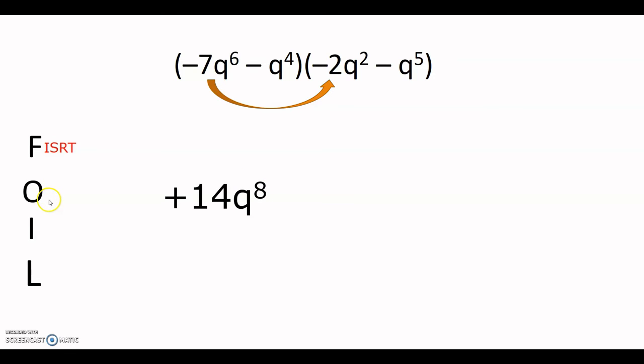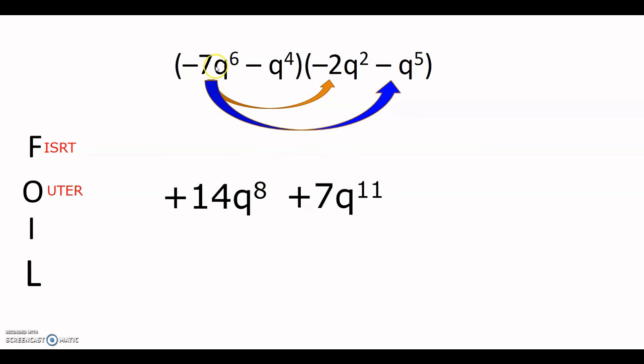Next, O means outer. So these are the outer terms in the polynomial. So we have negative 7q raised to the power of 6 multiplied by negative q raised to the power of 5. So negative and negative, it is positive. So 7q raised to the power of 11, because 6 plus 5 is 11.